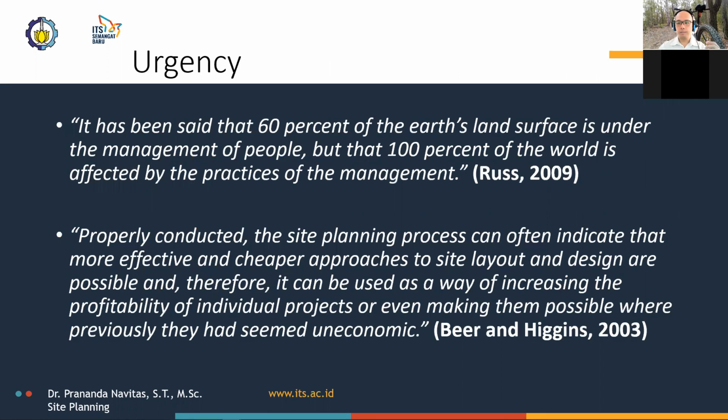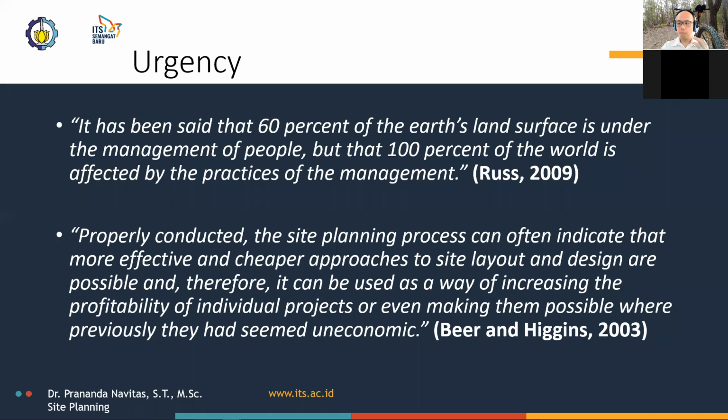Now, it has been said that 60% of the Earth's land surface is under the management of people, but that 100% of the world is affected by the practices of the management. That's according to Russ. These two statements from Russ and Beer and Higgins highlight the urgency of site planning in general.